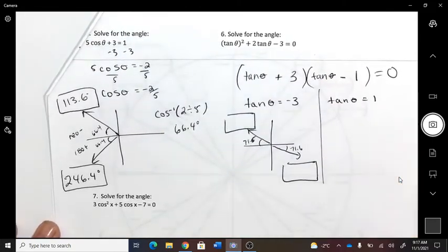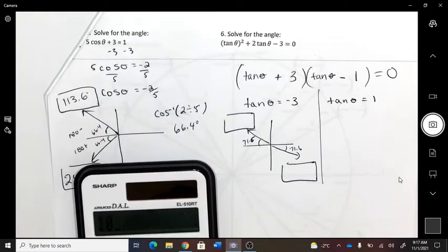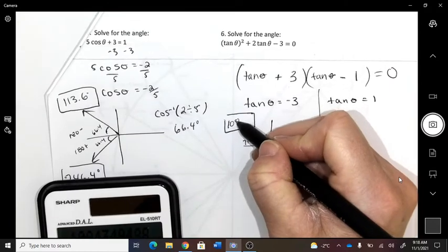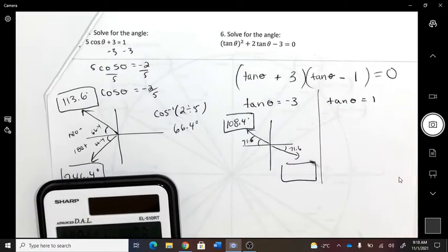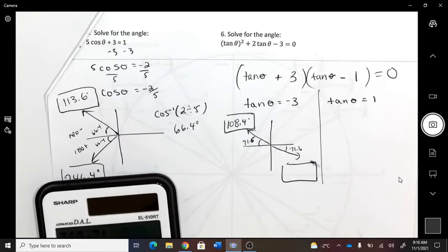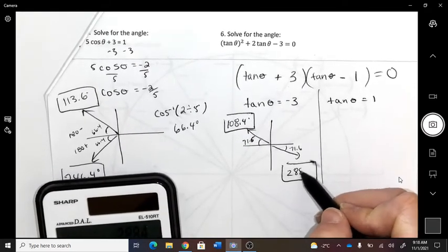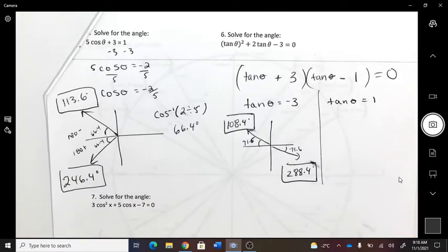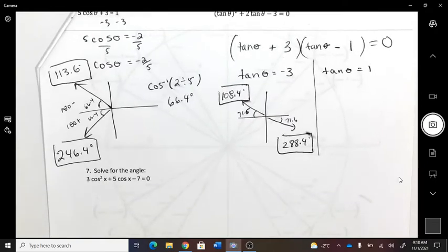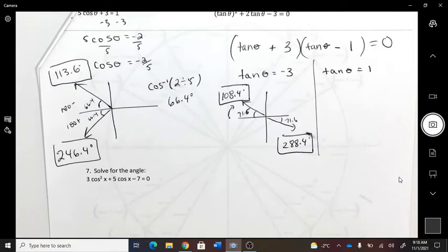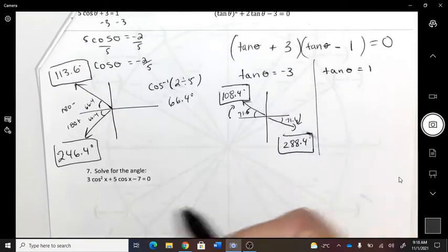And get me a final number when you're done that. Okay, so I did a 180 subtract. And then on this one, I did a 360 subtract.